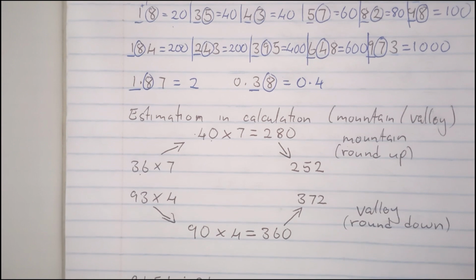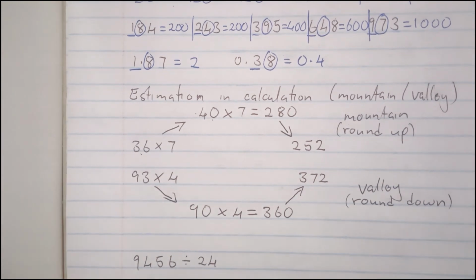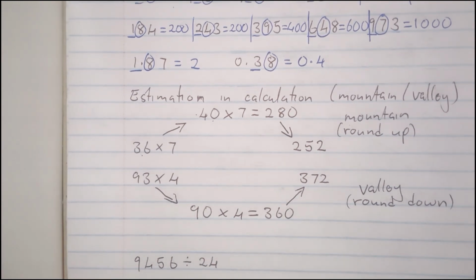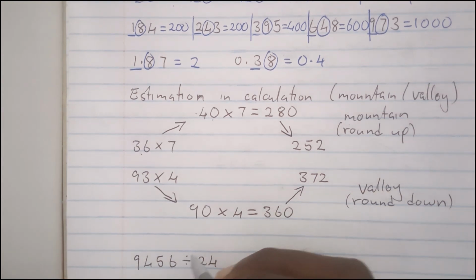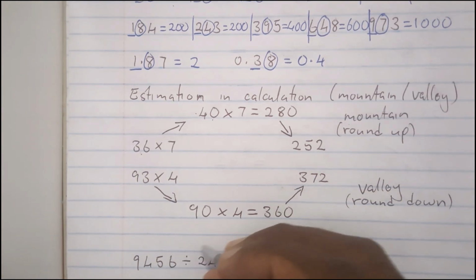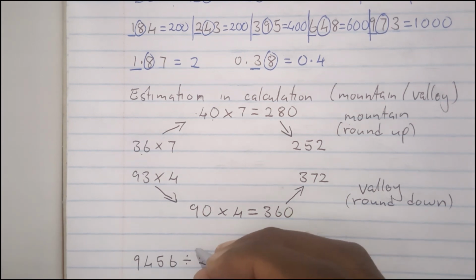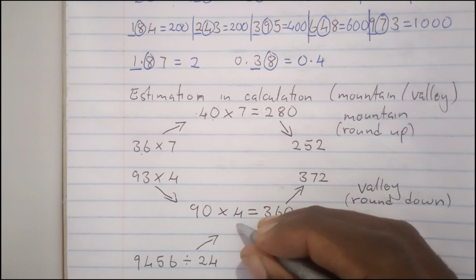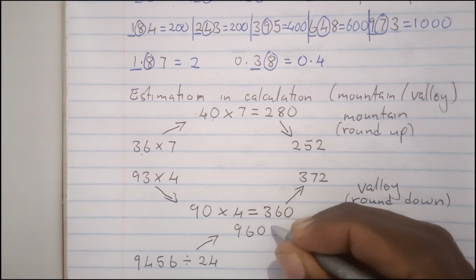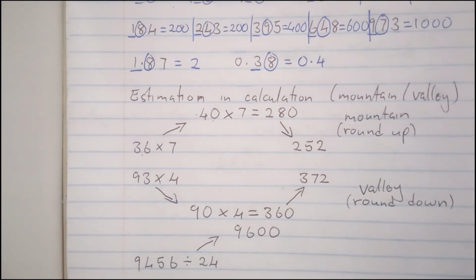How do we do this when you're dealing with division? Again, see estimation, we have our division here: 9,456 divided by 24. Again, this is definitely a big number. How do we go about it? We can round up so that we get 9,600. Why did I pick 9,600?